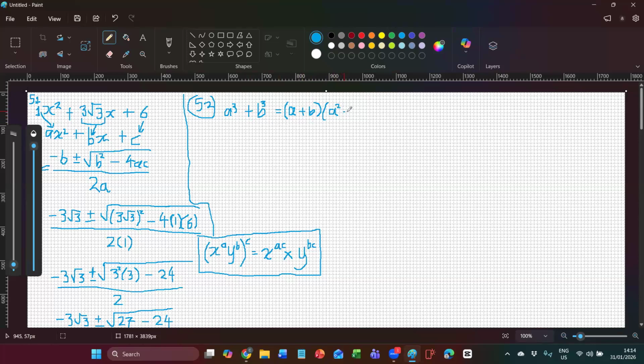So the opposite sign to addition is subtraction. Then you have AB plus B squared.